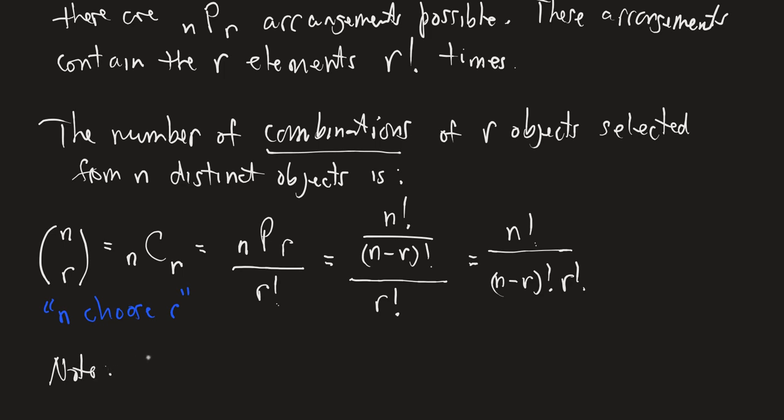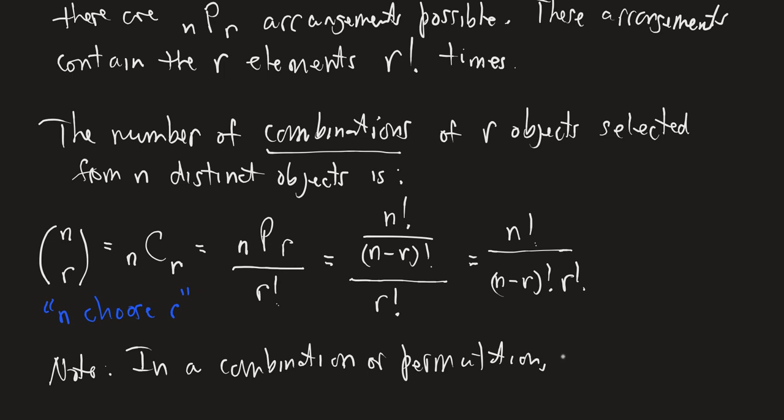Note the selection or arrangement: in a combination or permutation, there is no replacement of the element. You don't take one and then put it back, so they are done without replacement. And how does that factor in?